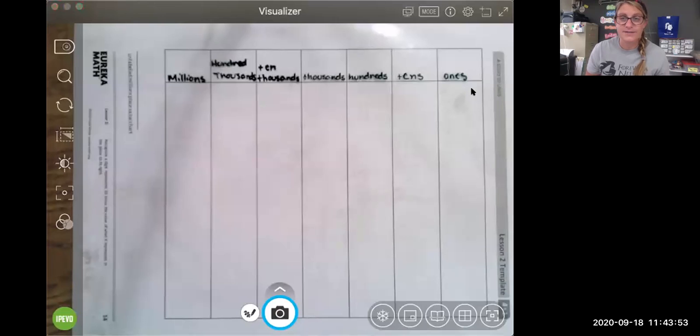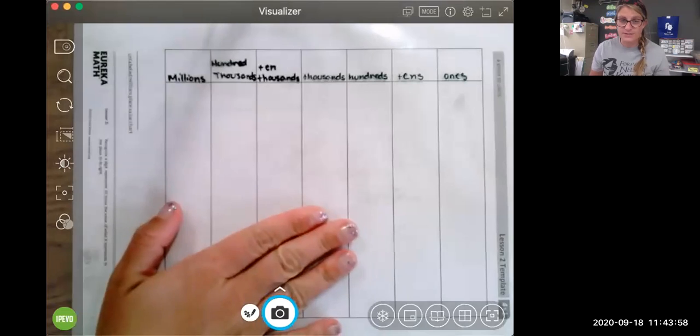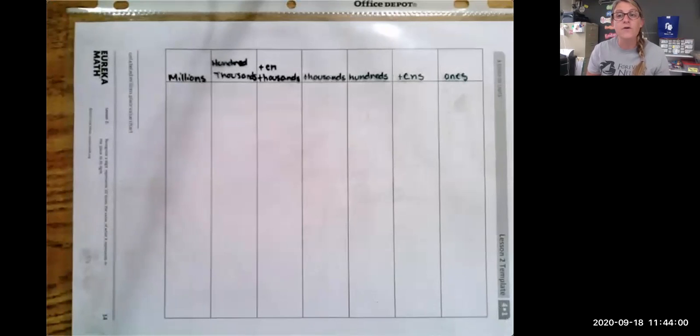We're going to do this one together. So on your place value chart, you need to go ahead and write. You should have this place value chart. It is in your blue folder in a page protector. So from there, you're going to need to go ahead and write a 5 in the ones place, an 8 in the tens place, a 0 in the hundreds place, a 7 in the thousands place, and a 2 in the 10,000s place.